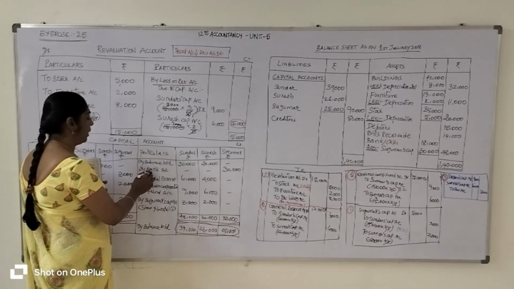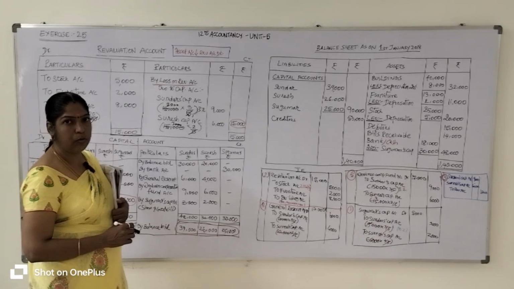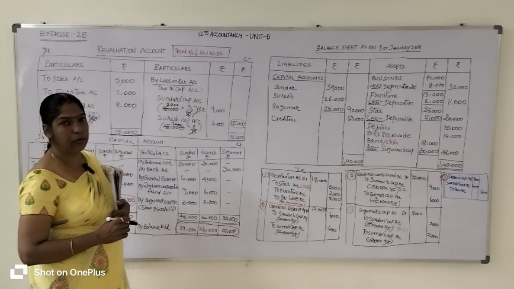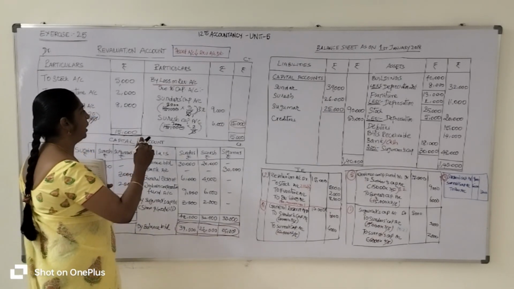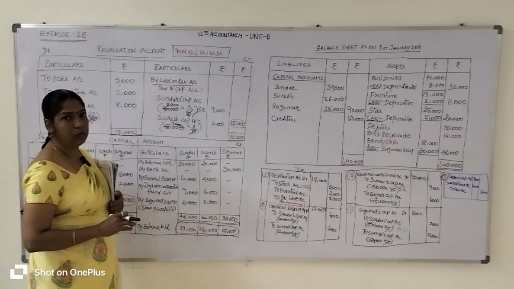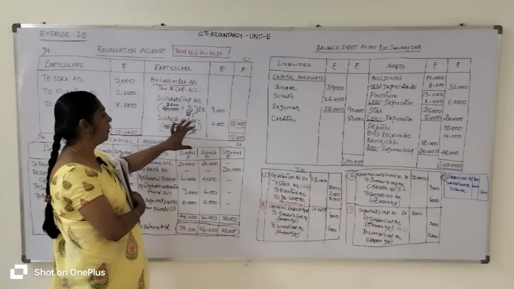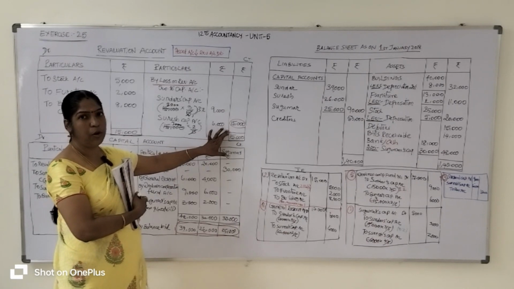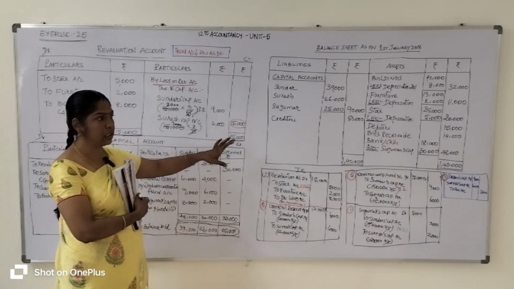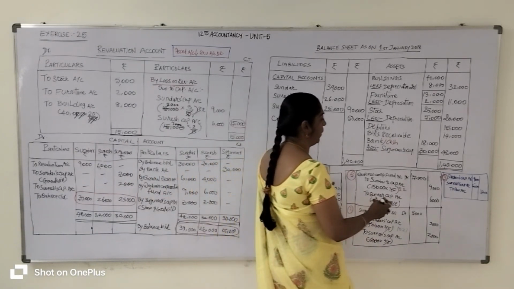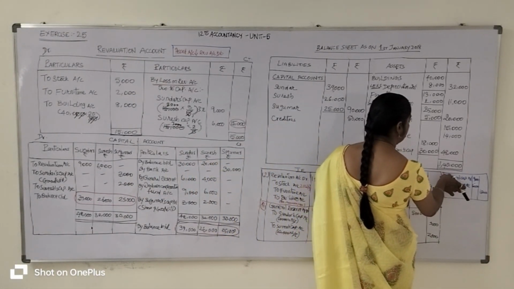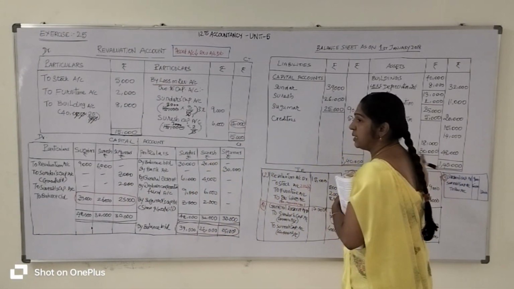After entering Sukumar's capital account, that means the new partner's capital account, the next account you are going to enter is the revaluation account. What is the journal entry? The revaluation balancing figure goes from the old partners' capital account to the revaluation account. Old partners' capital account appears on the debit side.